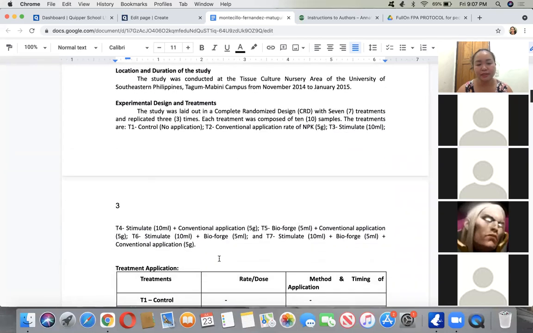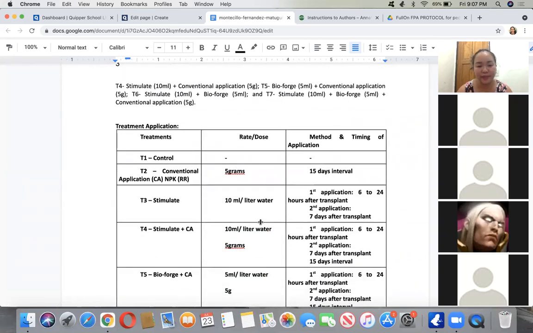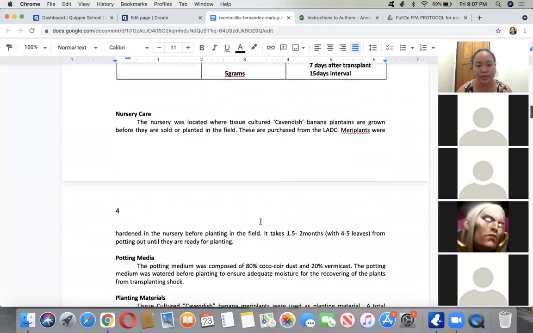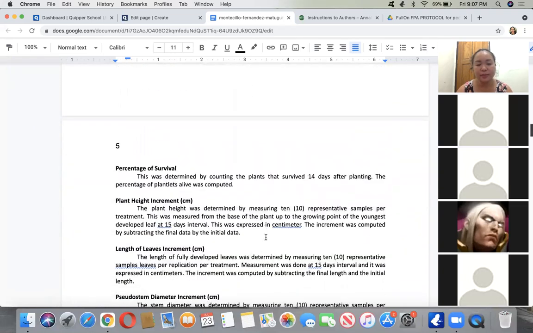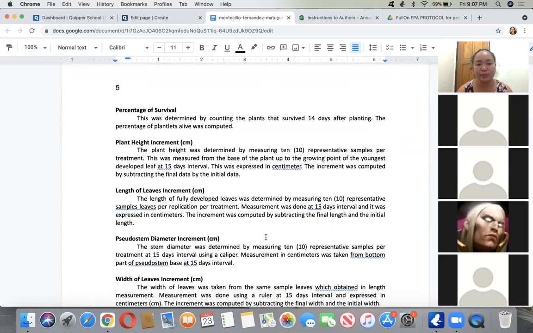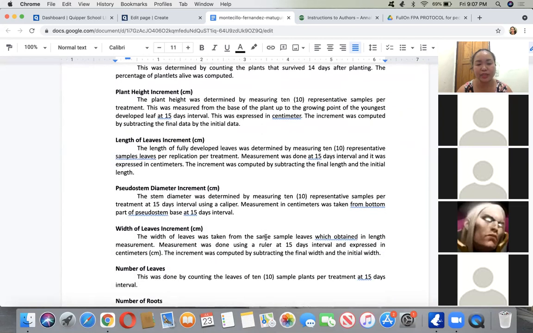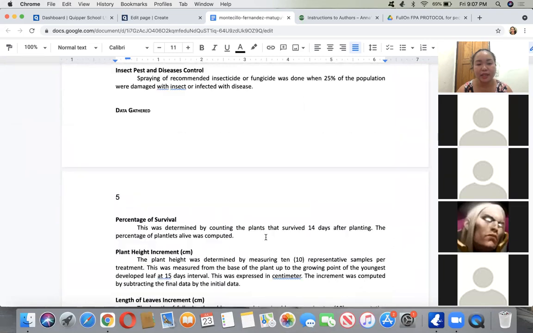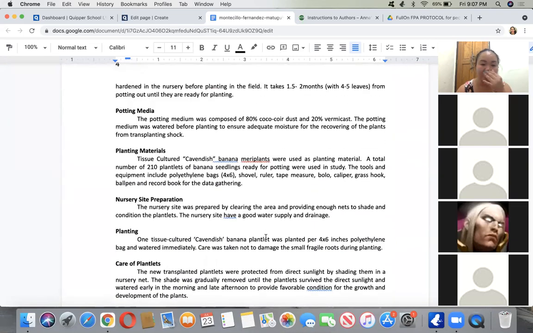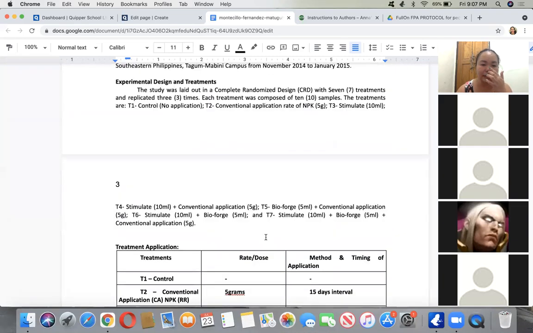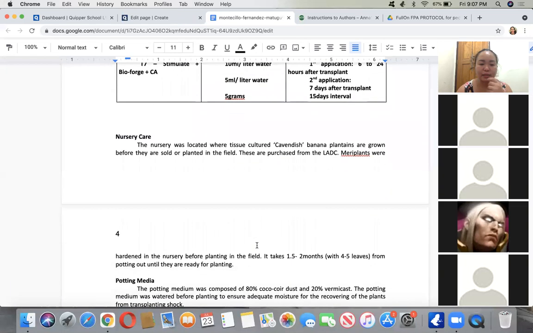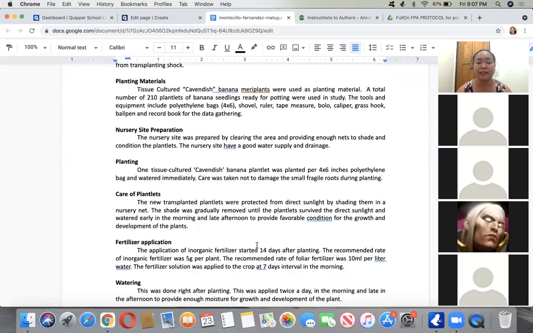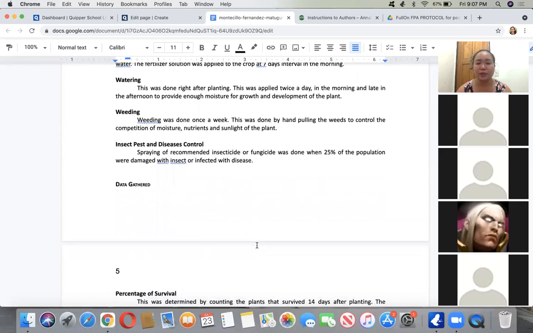So in the method, as you can see, it's very detailed compared to the FPA protocol. But just remember that in the proposal, in your methodology, you need to have the location and duration, the experimental design, statistical analysis, treatments, cultural practice, and data gathered.